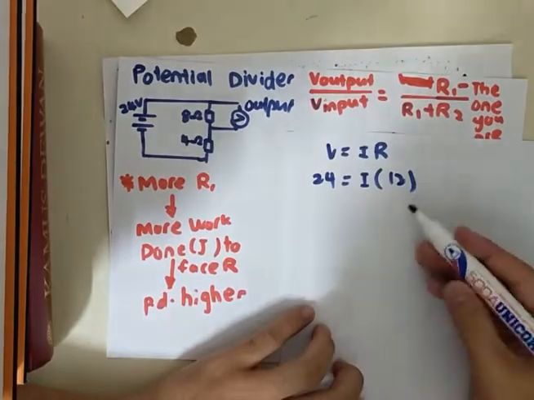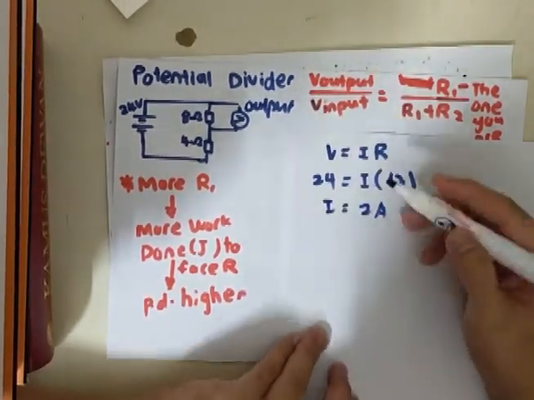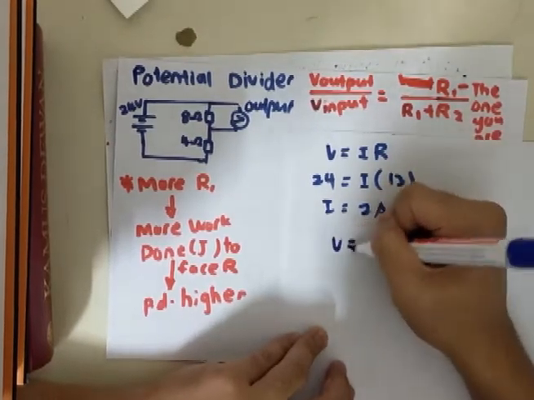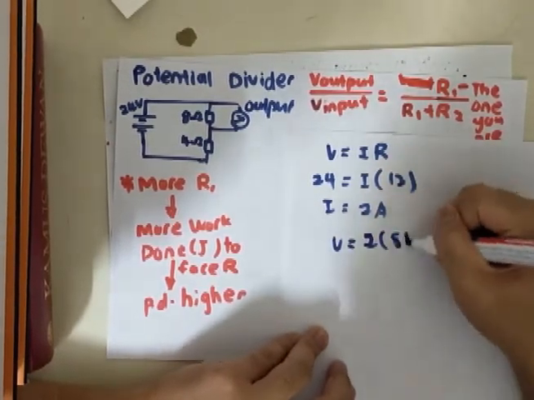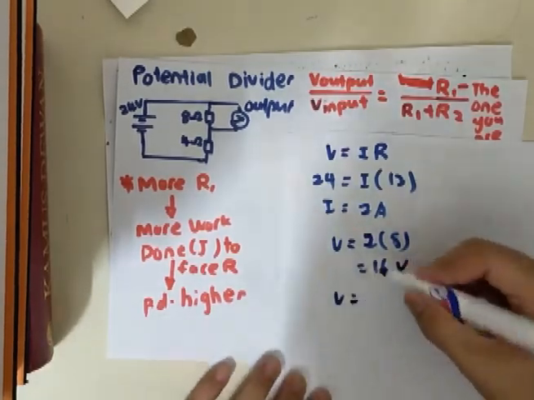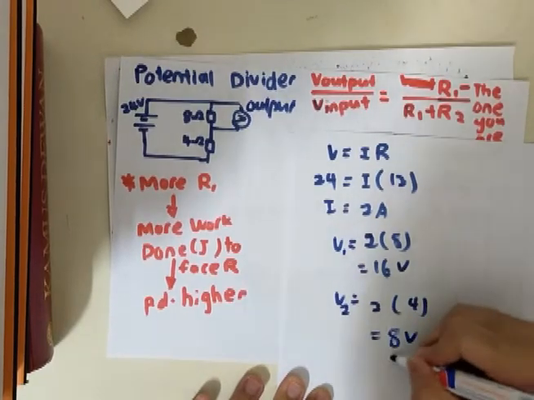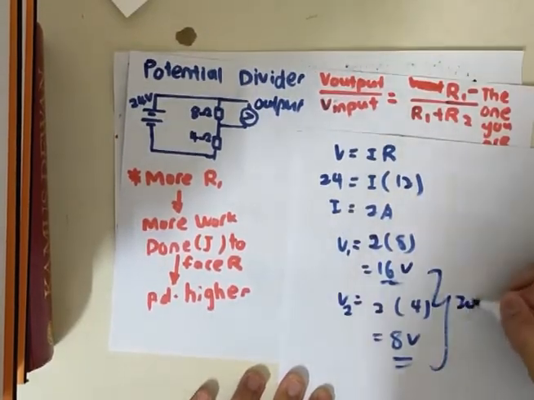Your total resistance is 12, so I equals 2A. When I equals 2 ampere, you can start calculating. V equals 2 times 8, you get 16, while the other one would be 2 times 4, you get 8. Add up, you still get 24.